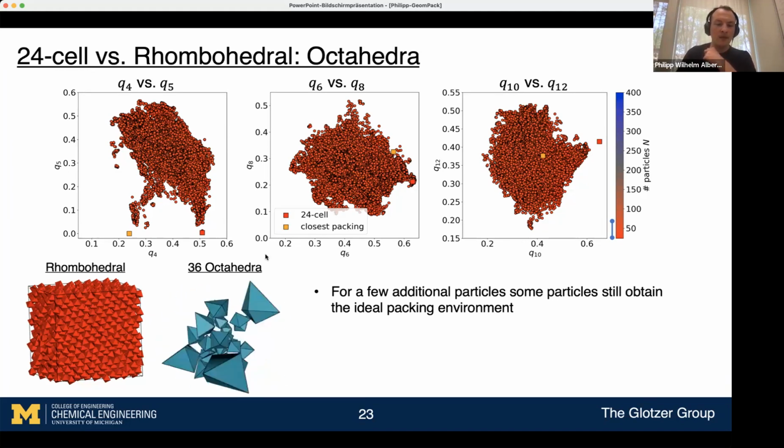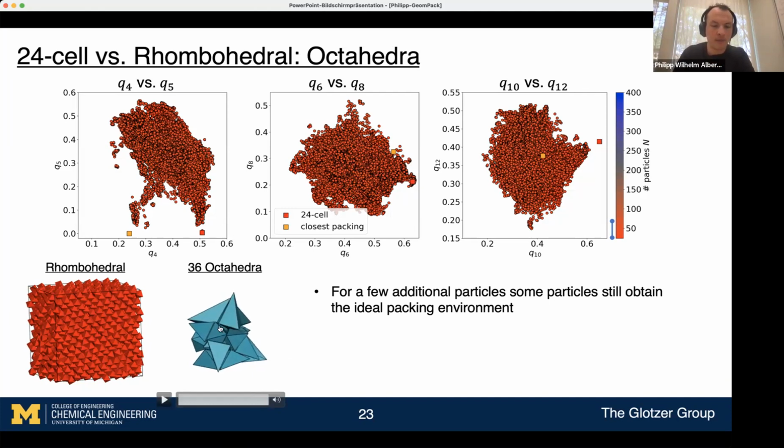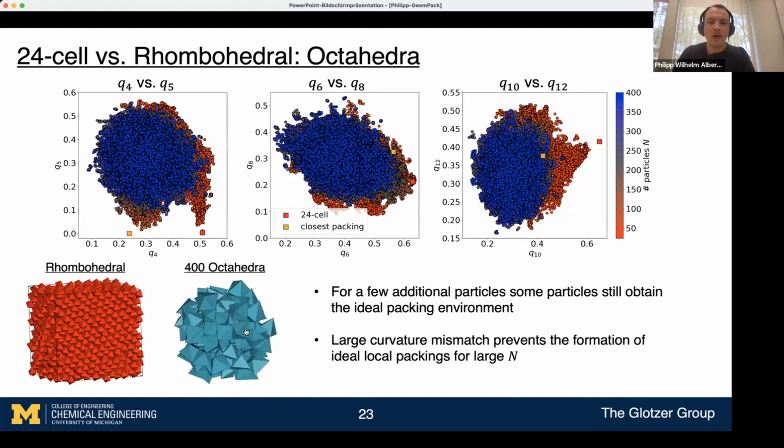You can also see this in the simulation when you look at the arrangement of the octahedra: they still want to go face to face with each other when they start to crystallize. As you can see here, you have face-to-face interactions, but also these defect structures.